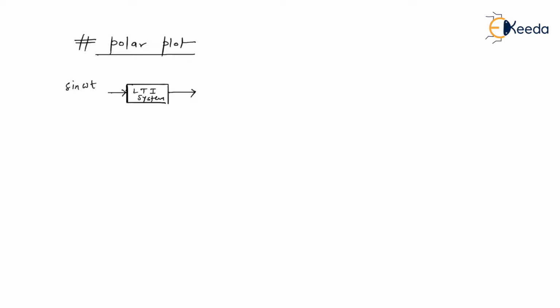Actually, we know that for a sinusoidal input, the speciality of an LTI system is that the output is also sinusoidal with the same frequency. What changes? Only two things. First, the magnitude, and second, the phase. So what we get at the output is m sine of omega t plus phi.